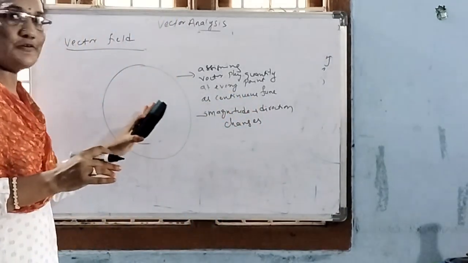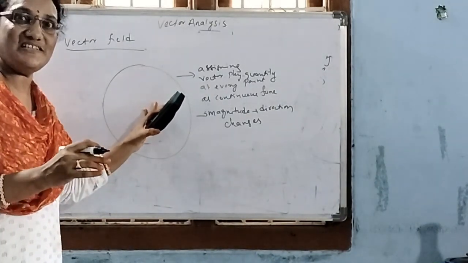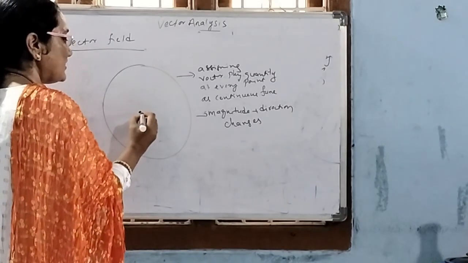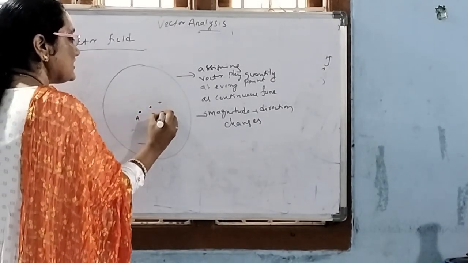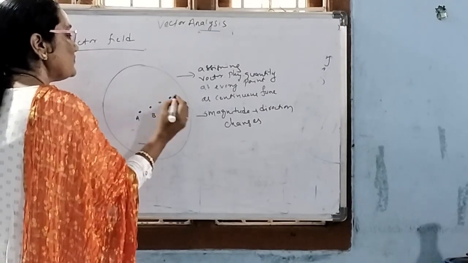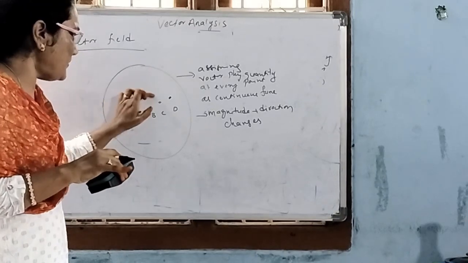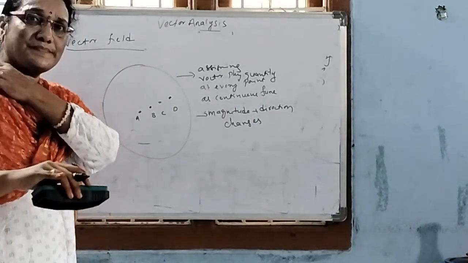I took one surface or region where the vector physical quantity is assigned. My vector physical quantity has moved from A to B, from B to C, from C to D in such a way. At each and every point, the magnitude as well as direction changes.